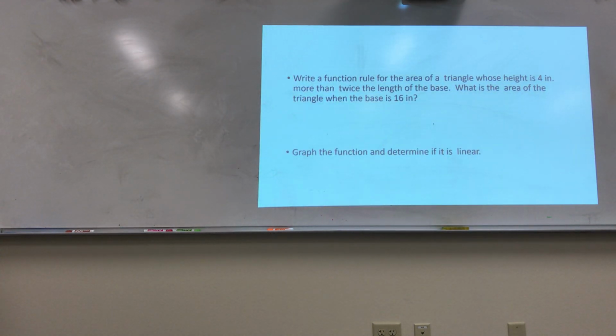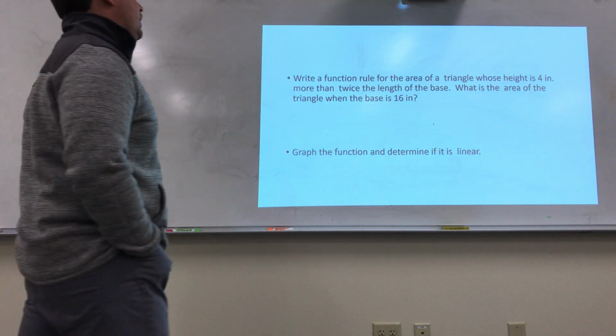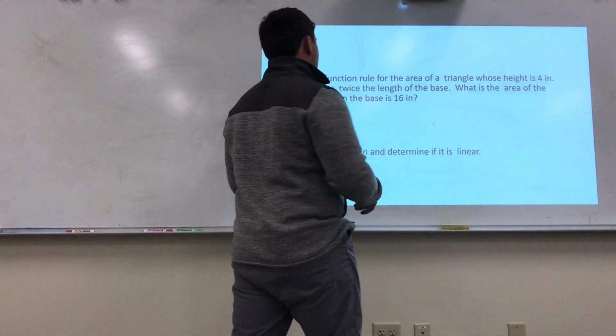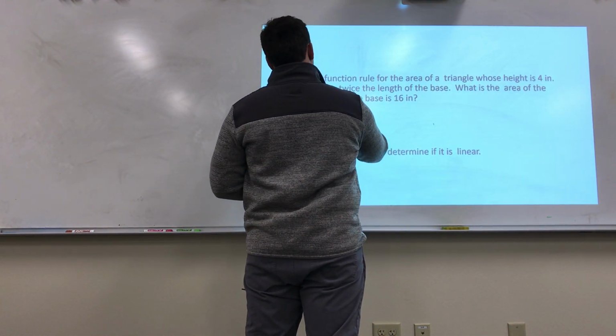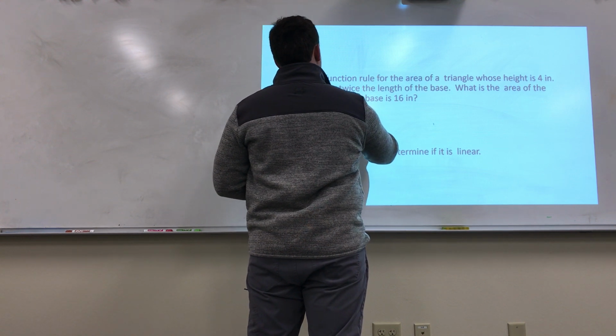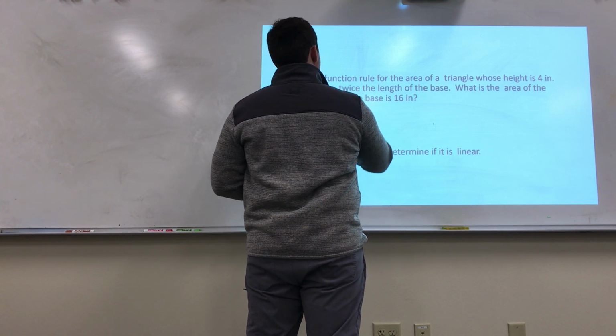Write a function rule for the area of a triangle whose height is 4 more than twice the length of the base. What is the area of the triangle when the base is 16? So, how do we find the area of a triangle? 1/2 base times height.